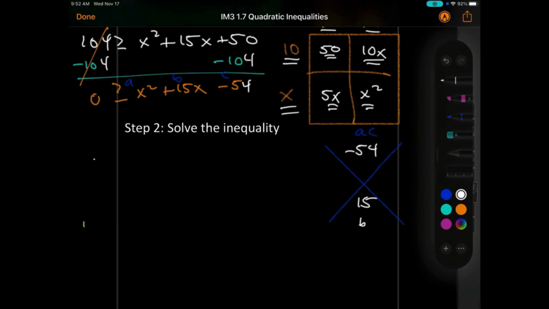And the factors of 54 are 54 and 1, 27 and 2, 3 and 18, and 9 and 6. And I see 18 and 3. We need to multiply those to be a negative, so one of these has to be a negative. I'm going to choose negative 3 because 18 minus 3 equals 15.